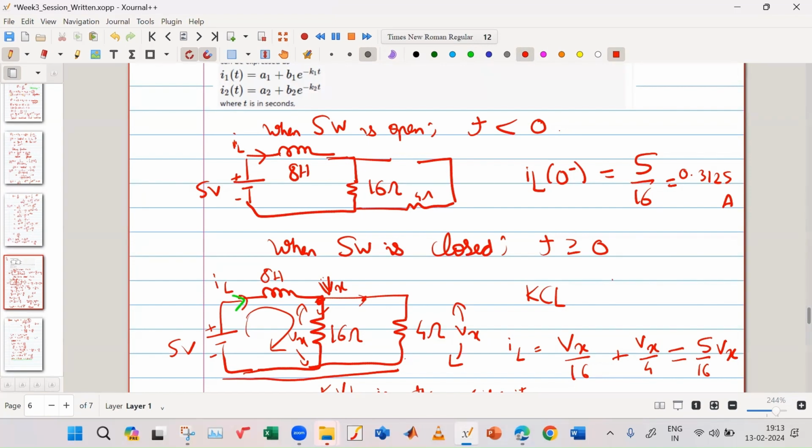But there is an easier method. Easier method is what? You replace your inductor by a short circuit. If it is a short circuit, what is the voltage at Vx? Zero, right? If this is a short circuit, the voltage at Vx will be equal to 5 volt.